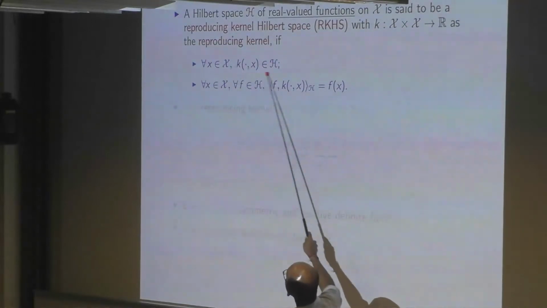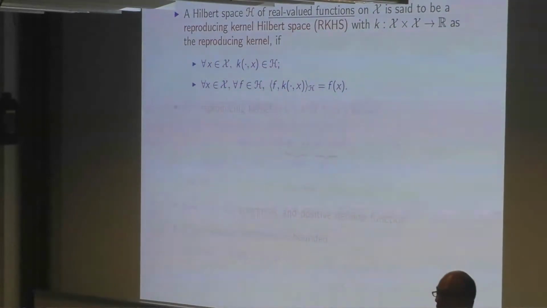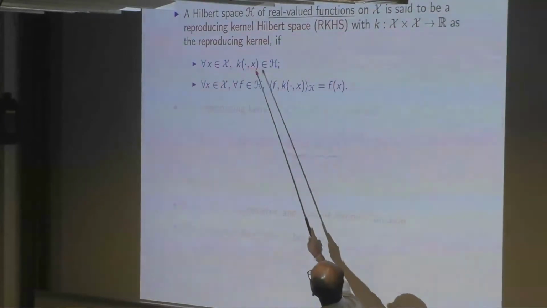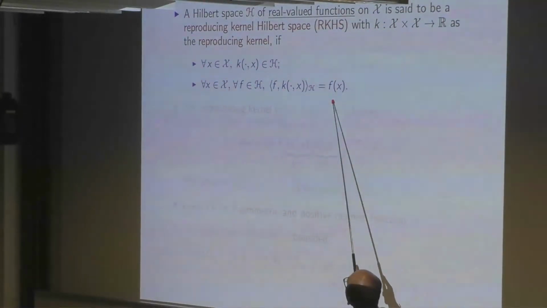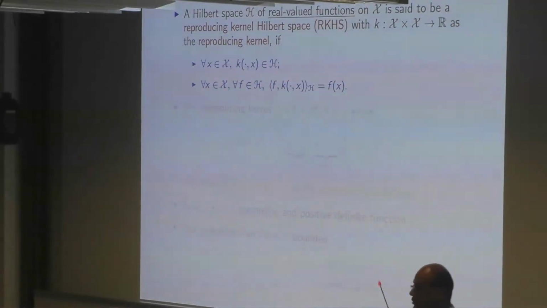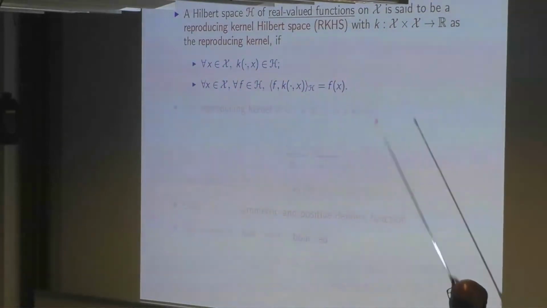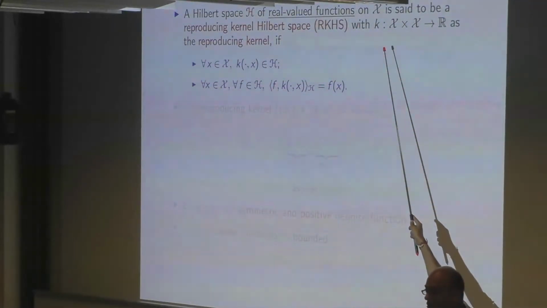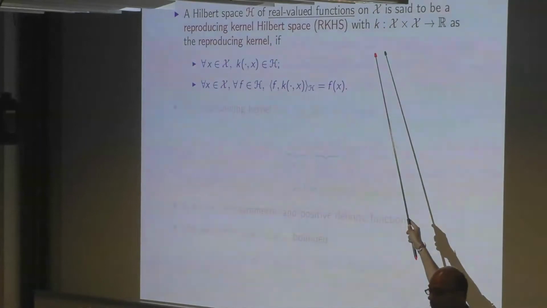Now this function lies in that Hilbert space. And if you take the inner product of this function with any other function, I get back the value of the function. If these two properties hold, then such a kernel is called a reproducing kernel, and the corresponding Hilbert space is called a reproducing kernel Hilbert space.